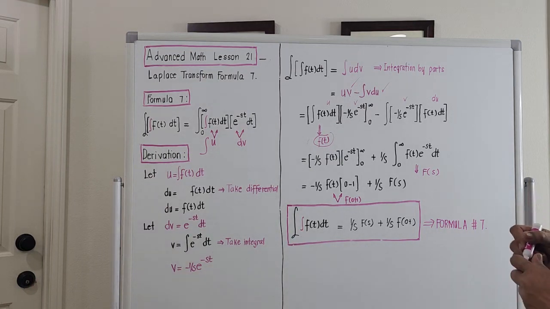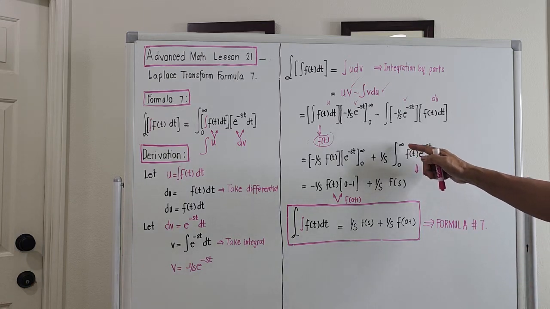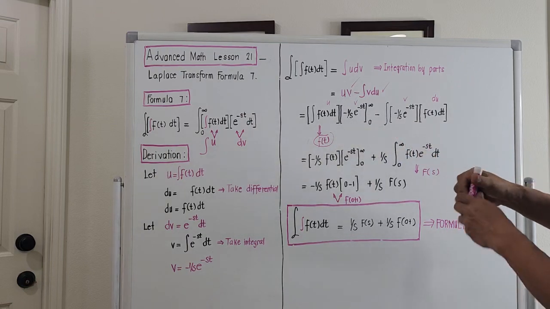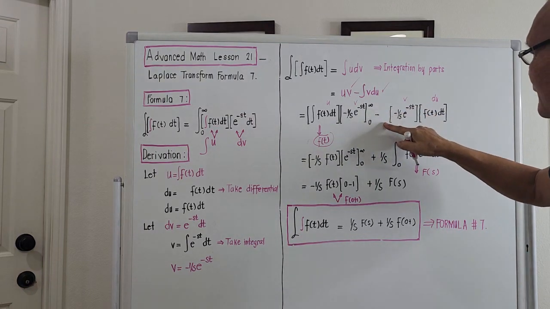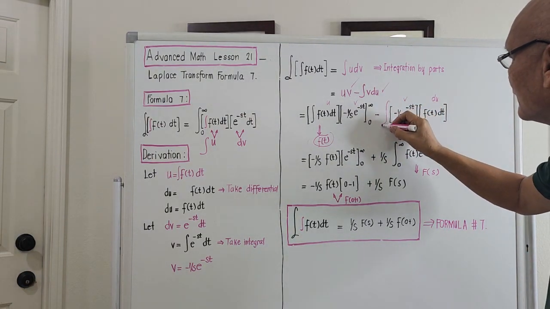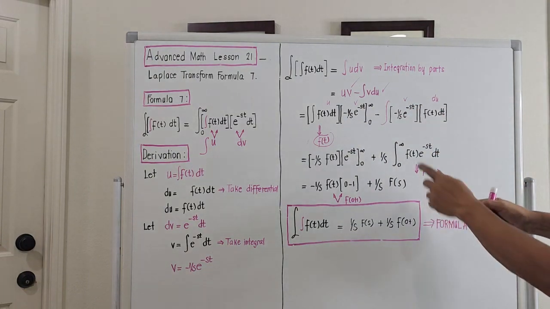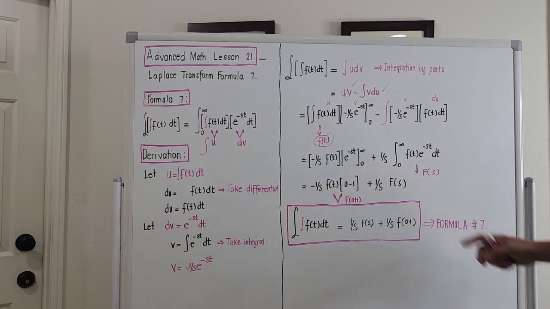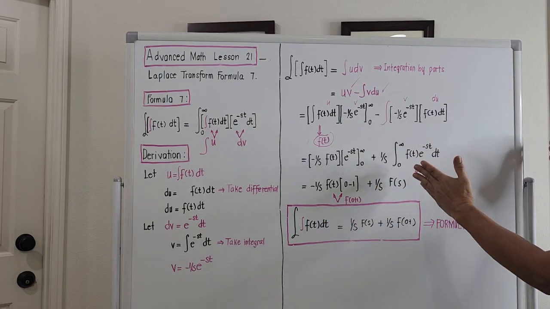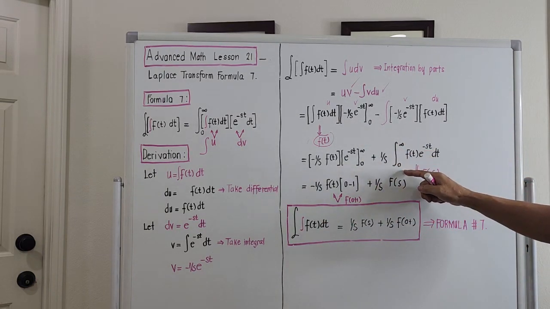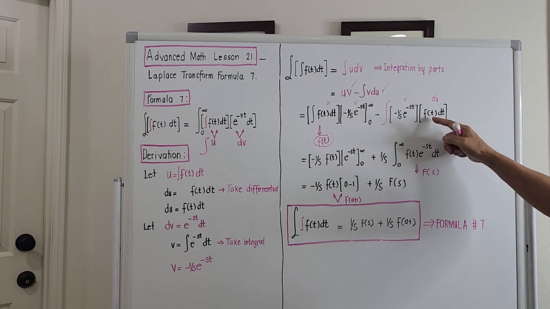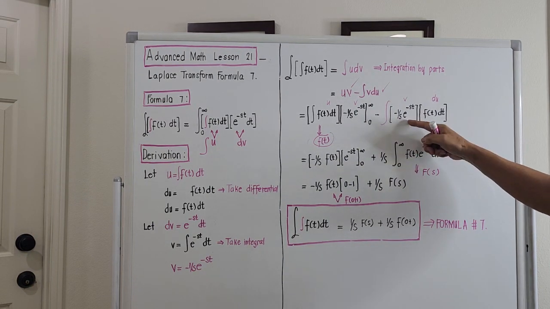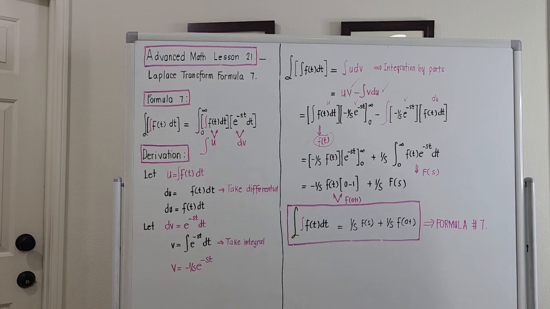Okay? So what will remain? The integral, this is the integral, right? This is an integral sign. Okay? I bring out 1 over s. This is now plus. So this is 1 over s. So what remains inside will be the integral from 0 to infinity. I will write this one function of t times e raised to minus st times dt.